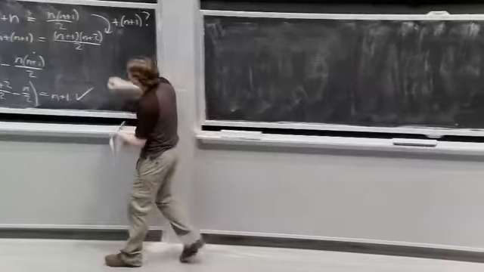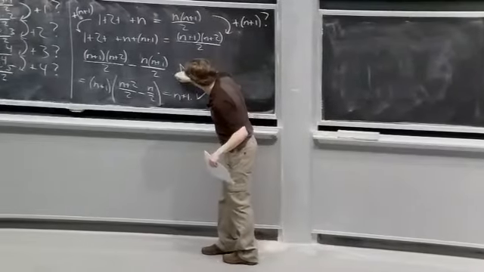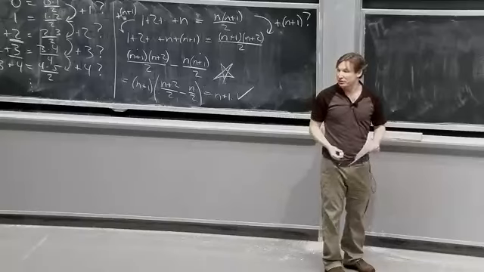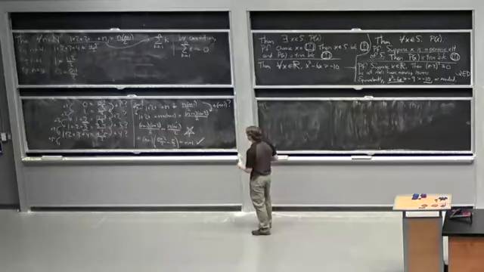So this argument here on the right that we did over here, let me write down a little more carefully what we accomplished. And it's going to look like this.